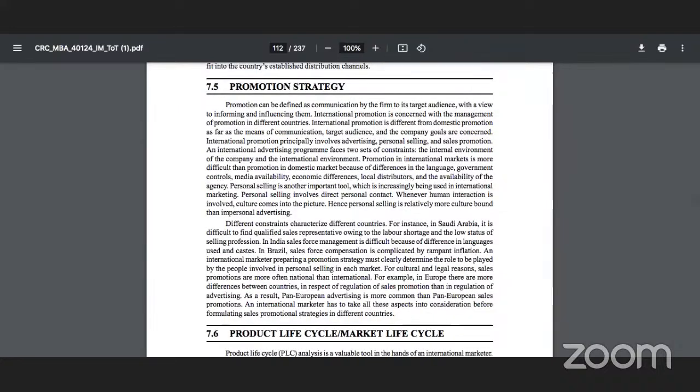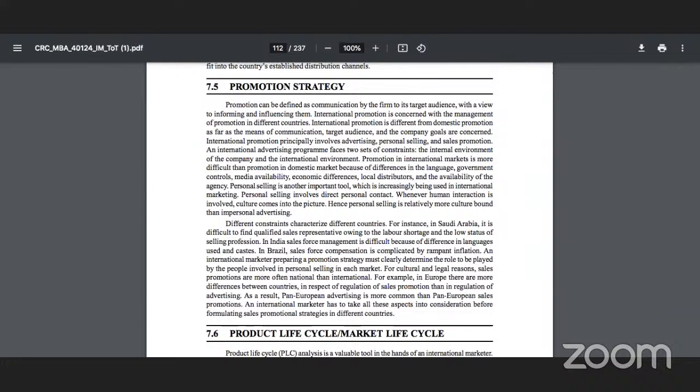The next step that we are going to consider is the promotion strategy. So, what is promotion? Promotion can be defined as communication by the firm to its target audience with a view to informing and influencing them. Here, international promotion is concerned with the management of promotion in different countries other than the home country.